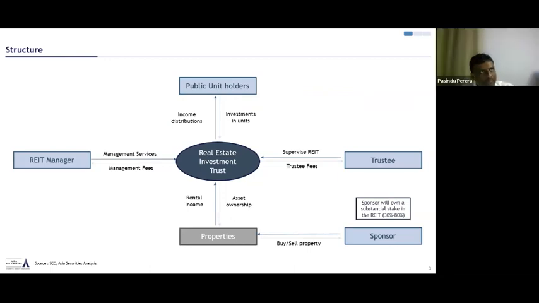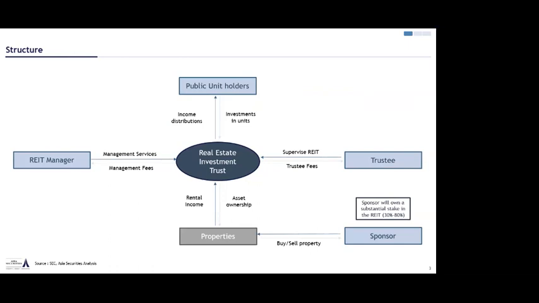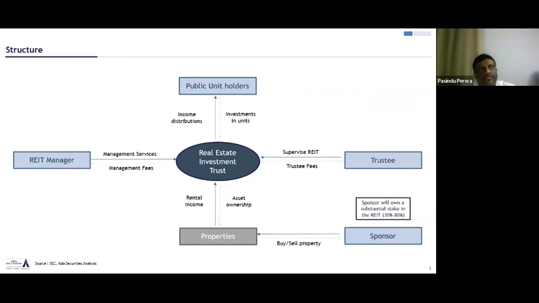Now say if I have a property. My intention is to transfer my property into a REIT. One option is that I sell the property and go out from that.